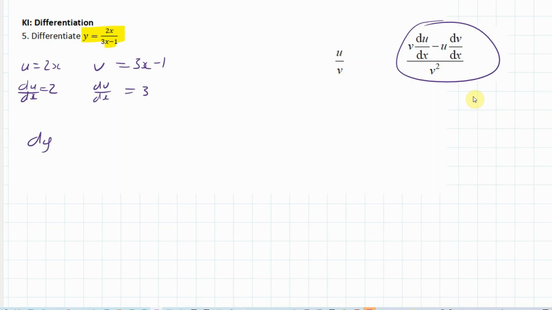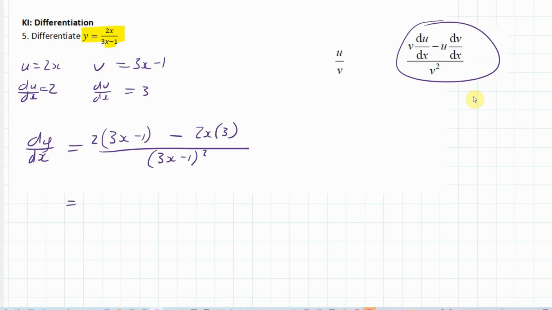So dy dx is equal to v, which we've found to be 3x minus 1, times du dx, which is 2, so I'll put a 2 in front of that, minus u, which we found to be 2x, times dv dx, which we found to be 3, and all over v squared. Now v is this, so we're just going to square that.